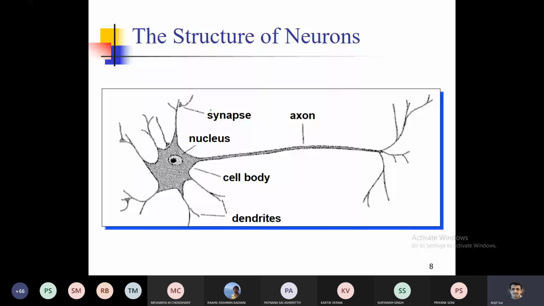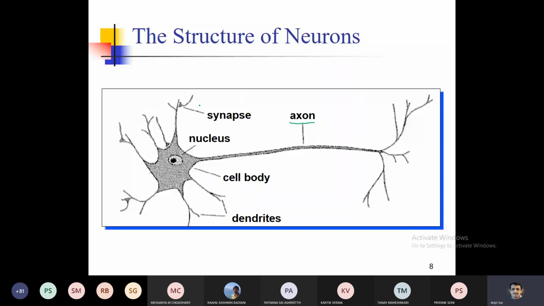Here is a cell body, the nucleus. There are two types of branches of this cell: one is called the axon, and another is called the dendrites.